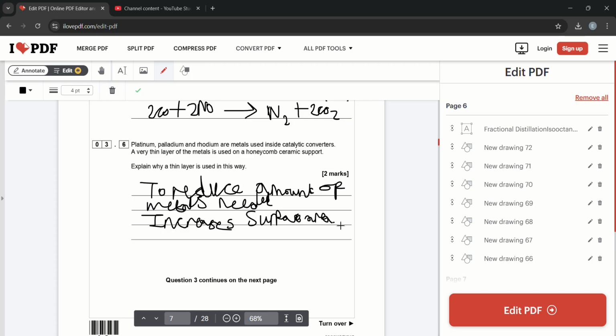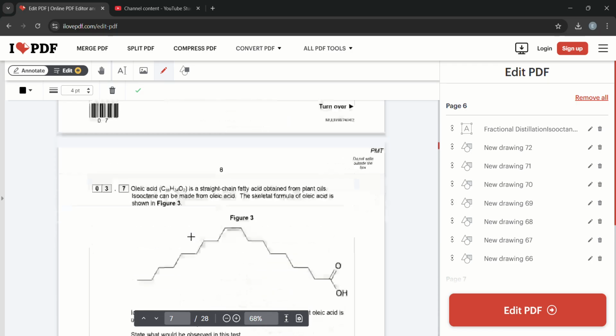Or we could say larger surface area to volume ratio in the catalyst. So reduce amount of metals needed, increase surface area, or larger surface area to volume ratio.